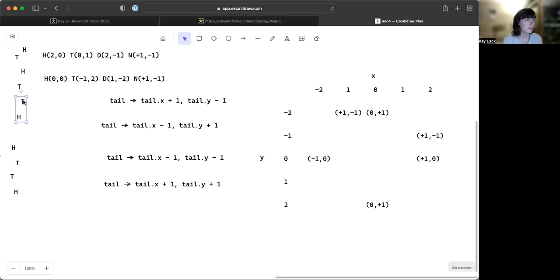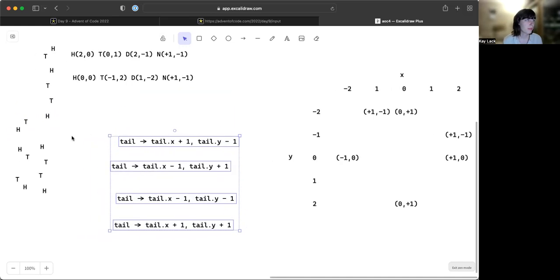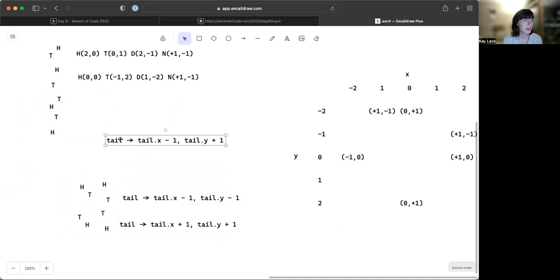Okay, let's keep going. Let's look at this one and then this one. And we'll put these away. We don't need this one. It's going to be this one now. Okay. So let's say head's at 0, 0. Tail, therefore, is at x2, y minus 1.